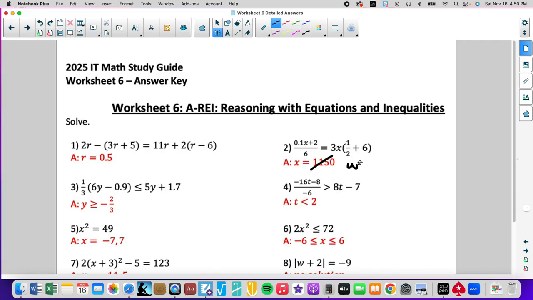That's wrong. That is wrong. It just produces such a big number. They made a mistake. All good.